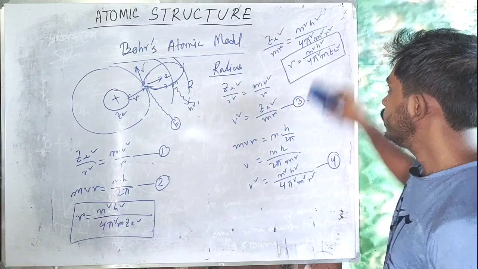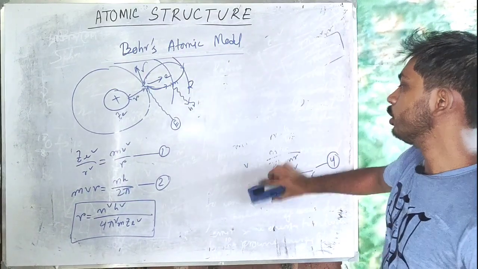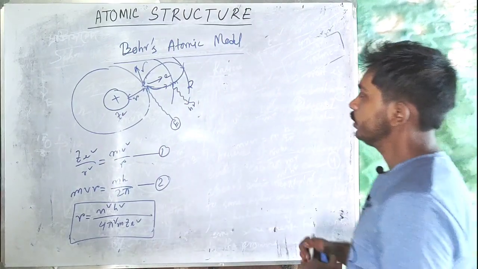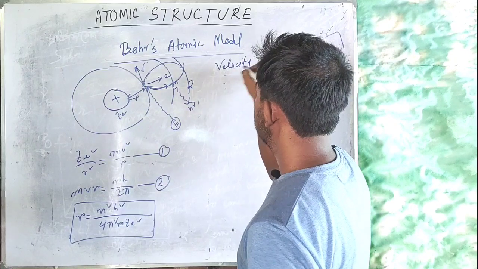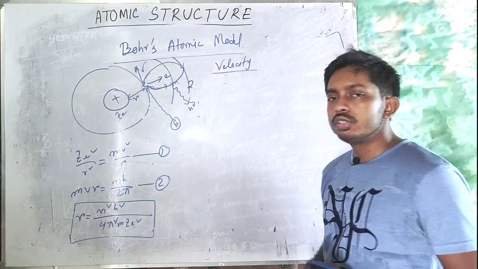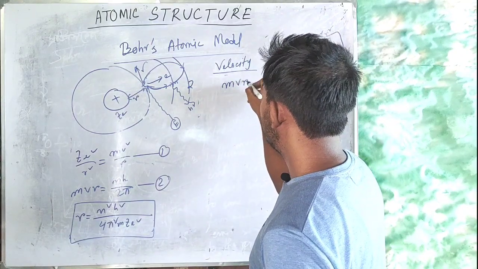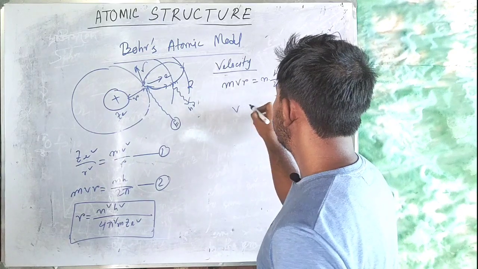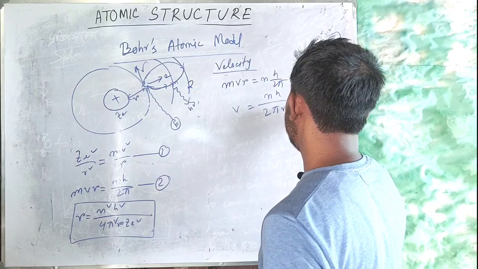Now let's try to calculate the velocity of an electron while rotating in an orbit. From the condition of Bohr's orbit, we have seen that mvr will be equal to nh/2π. So v will be equal to nh/2πmr.